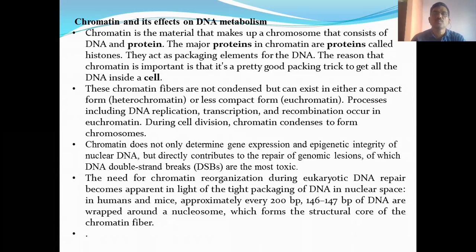Means basically this chromatin fiber on which the DNA is situated, depending upon its structure, is either compact or loose. When the chromatin is compact, that is the heterochromatin, and when the chromatin is less compact, that is known as the euchromatin. Processes including DNA replication, transcription, and recombination occur in euchromatin.